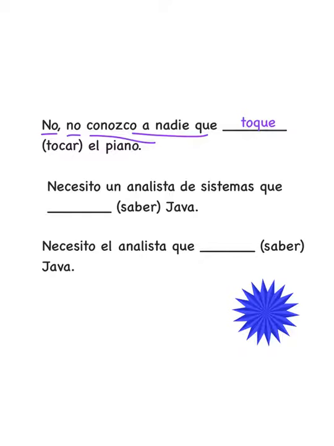Now, what about the other sentence? Necesito un analista de sistemas que saber Java. Okay, do we have a word that tells me, oh, you may have to use the subjunctive? Yes, we have the verb necesitar, necesito. Now, what in this sentence tells me that I'm going to use a subjunctive?